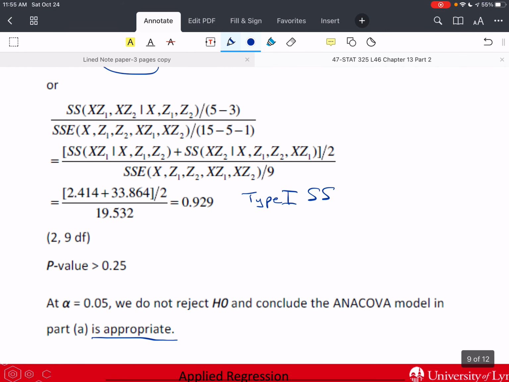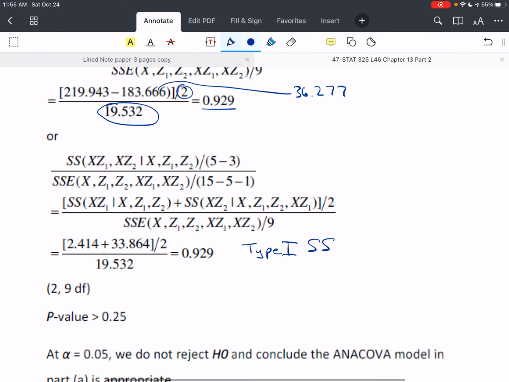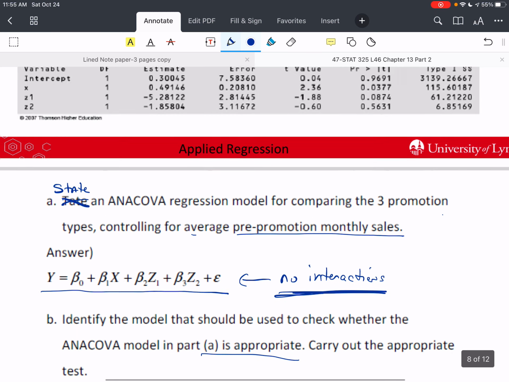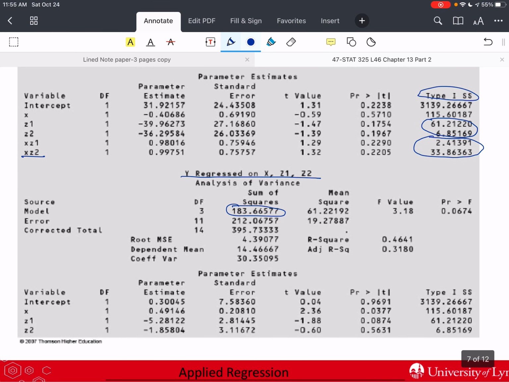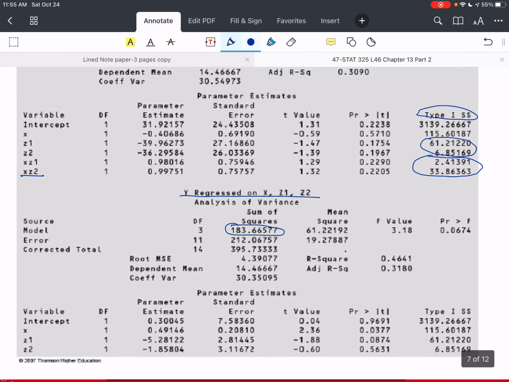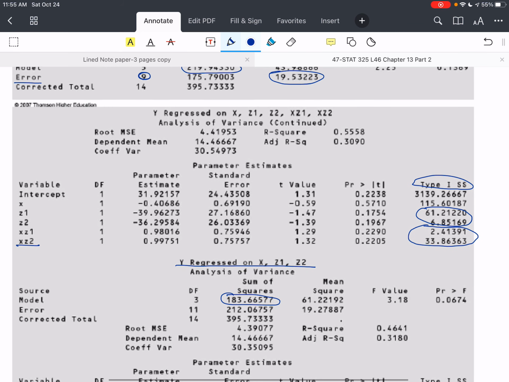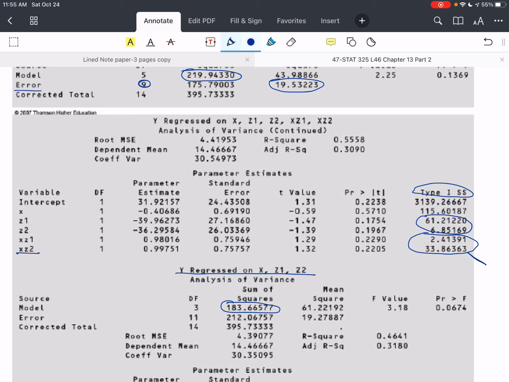No, this is 2.414 plus 33.864. Let's see if we see those values on here. Oh yes, here they are. It is the type 1. I was looking at the wrong 2. So this is a type 1 SS here for the interaction terms. Okay? So we add that together.